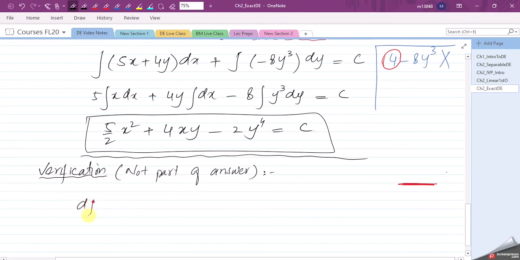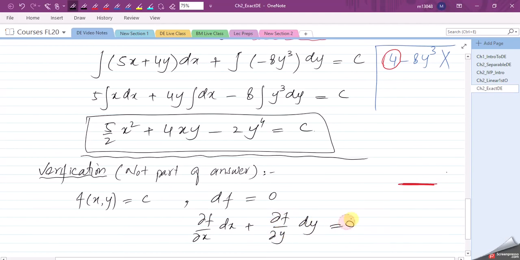So df, f of xy equals c. Taking the total derivative on both sides, the derivative of a constant is 0. And df is written as partial f by partial x dx plus partial f by partial y dy equals 0. That's the formula for df in calculus.